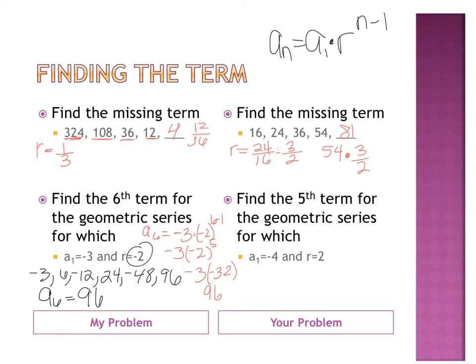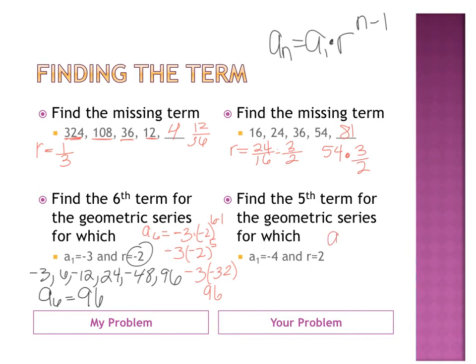Questions? No. Try the next one on your own. Find the 5th term for the geometric series for which a1 equals negative 4 and r is positive 2. Okay, so let's do this one using the formula.